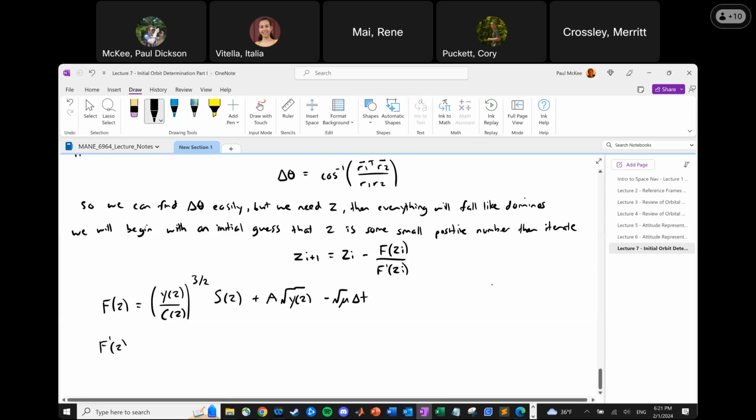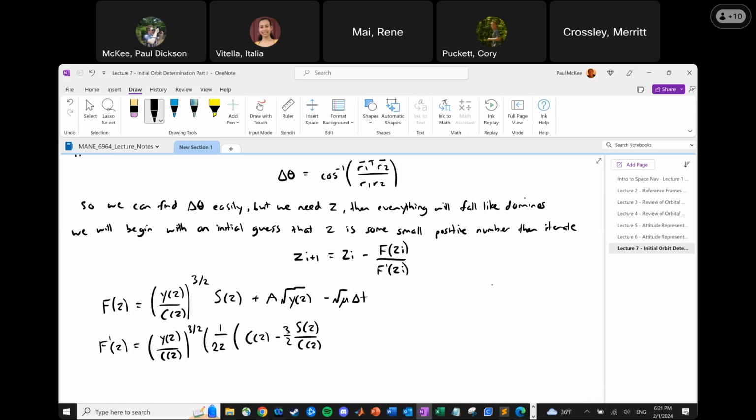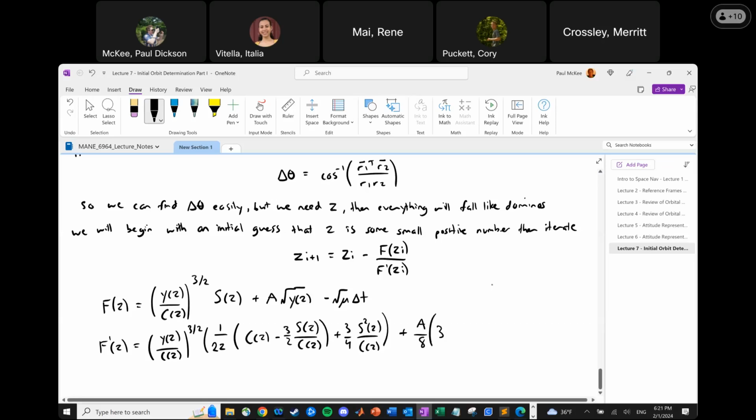F prime of Z is y of Z over c of Z to the 3/2, in parentheses, 1 over 2Z, in parentheses, c of Z minus 3/2 s of Z over c of Z, close parentheses, plus 3/4 s of Z squared divided by c of Z, close parentheses, plus a over 8, 3 s of Z over c of Z, square root y of Z, plus a square root c of Z over y of Z, close parentheses.